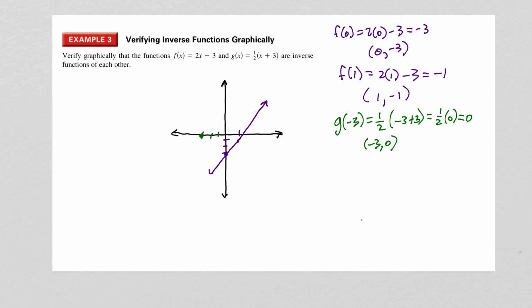Now I'm going to plug in the negative 1. So that's 1/2 times negative 1 plus 3. So that's 1/2 of 2, which is 1. So again, negative 1, 1.